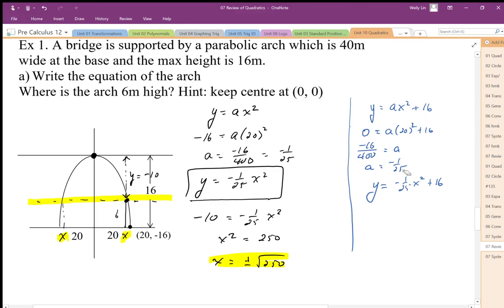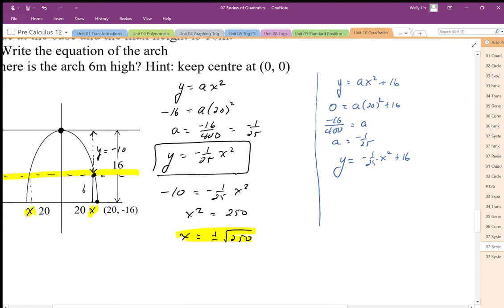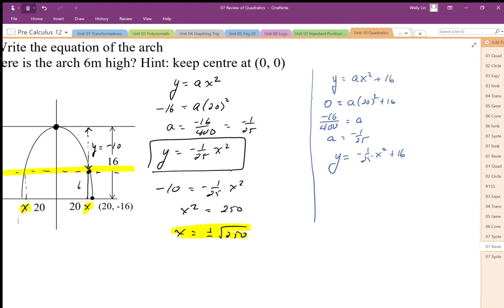Again, if we wanted to do that here in the blue, since the x-axis is my base, my y height would then be 6. The y would actually represent the height in this case. Then I would just solve this, and I would get the same thing.